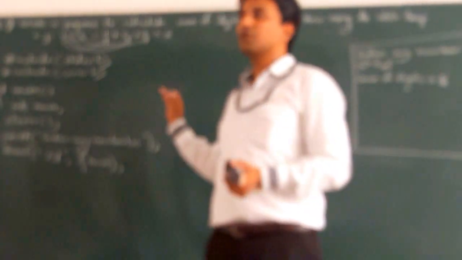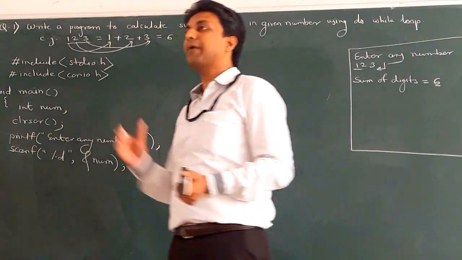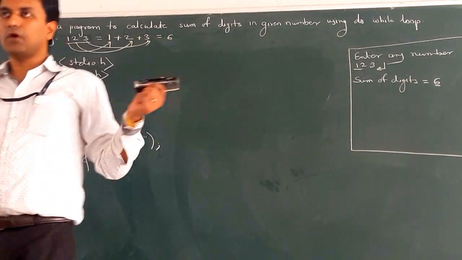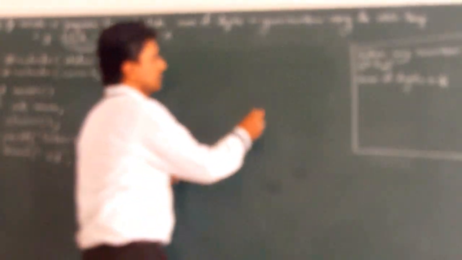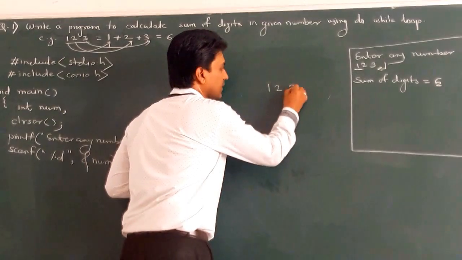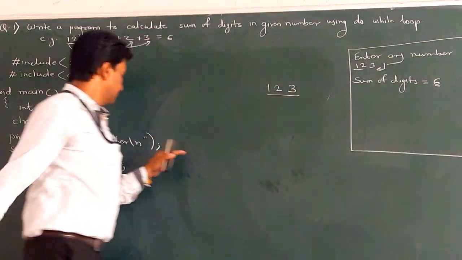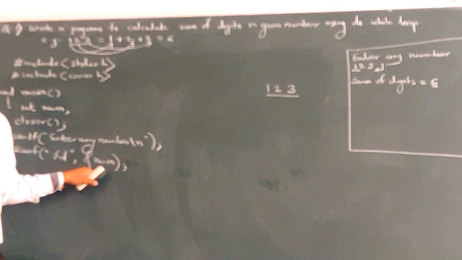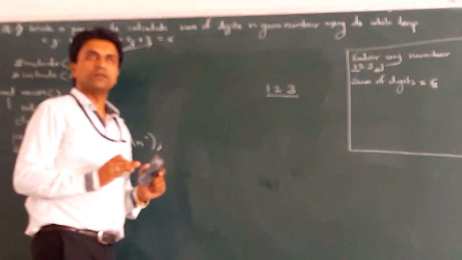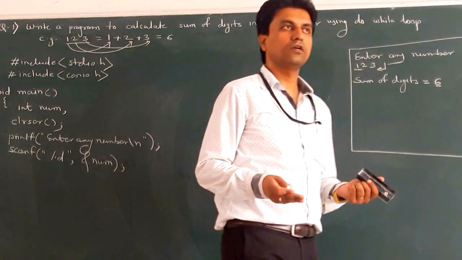Next, now the logical part, the do while loop. First check the pattern of your problem statement. How can we solve this problem statement? Suppose the user enters 1, 2, 3, that value is assigned to the number variable. So what is the pattern? Why do we use loops?